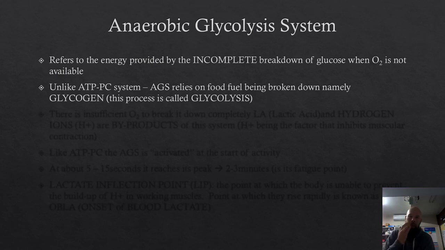It's different to the ATP system because it actually relies on a food fuel being broken down. The glycogen that we've consumed, or the carbohydrates that then get stored as glycogen, get broken down through a process called glycolysis.